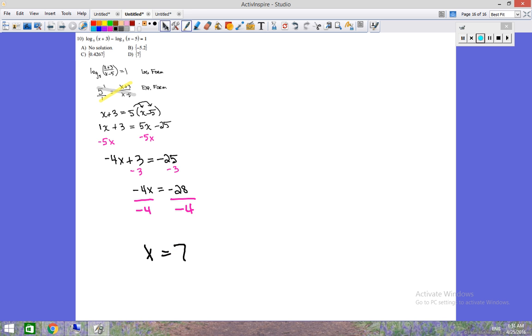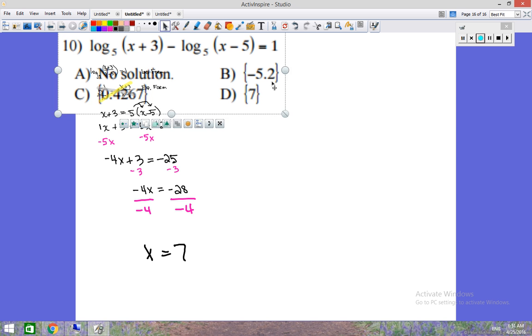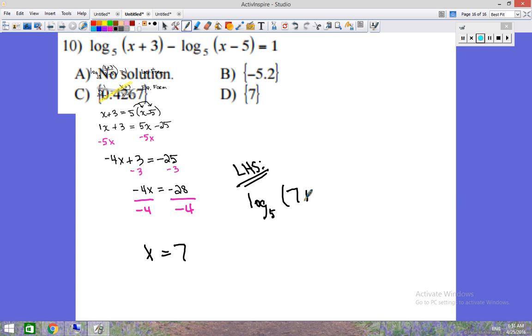Let's plug it in and see if it checks. On the left-hand side of my equation up here, if I plug in 7, I have log base 5 of 7 plus 3 minus log base 5 of 7 minus 5.